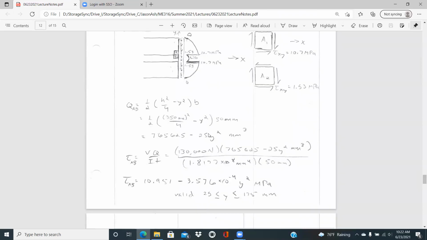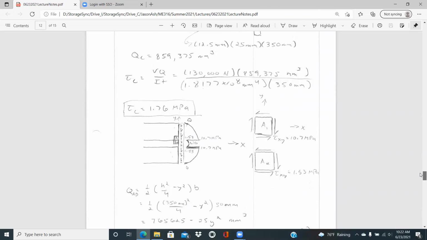And we can define QAB as 1/2 times h squared over 4 minus y squared, times b. This was the same relationship we found for a rectangular cross section. This is valid only for values between 25 millimeters up to 175 millimeters.